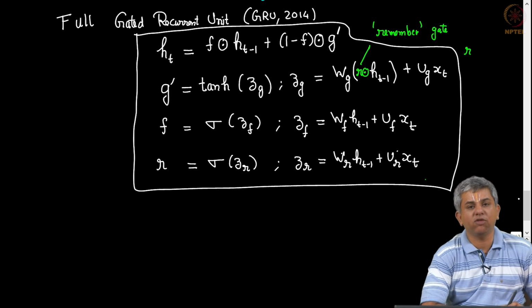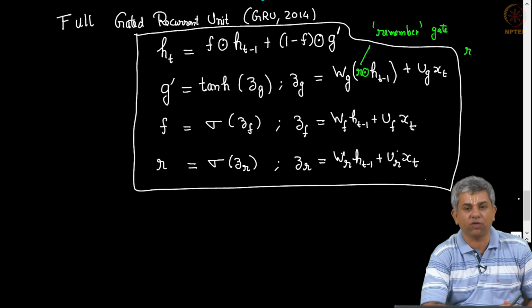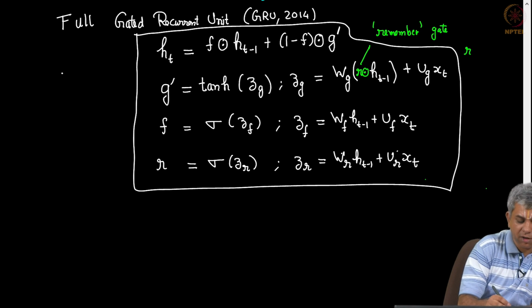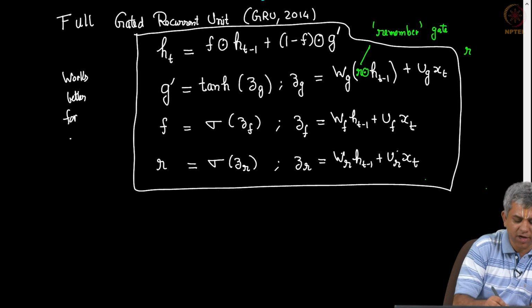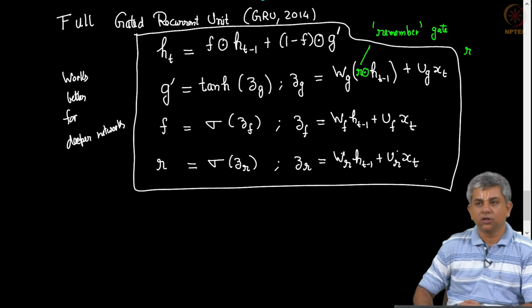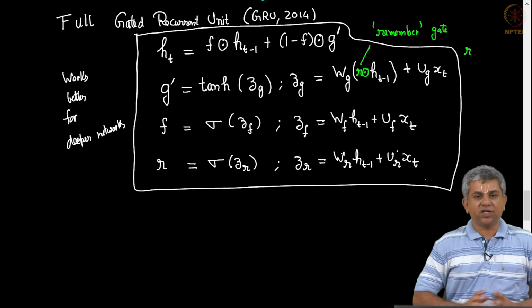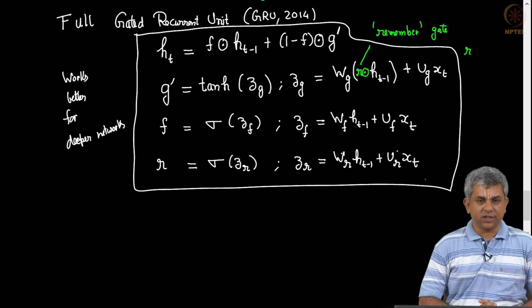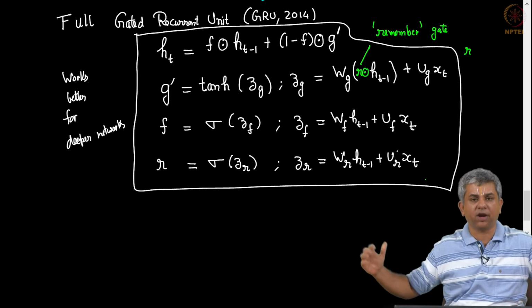But if it gave you more parameters to play with and exactly the same results, then it won't be useful. What happens is, this works much better for deeper networks. It does not mean that vanishing gradients are no longer going to occur, it is just that you are able to train deeper networks.